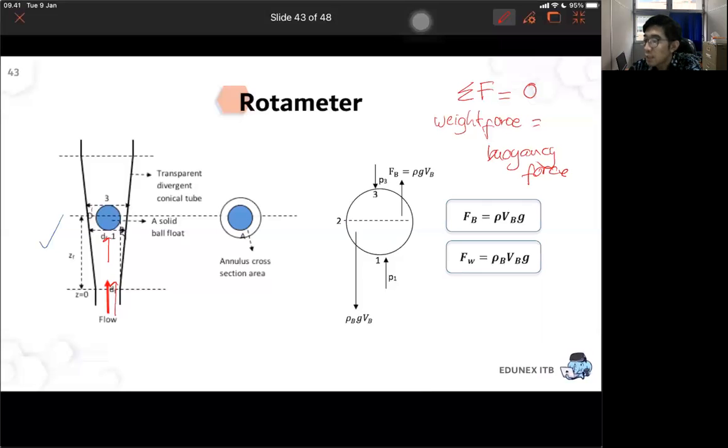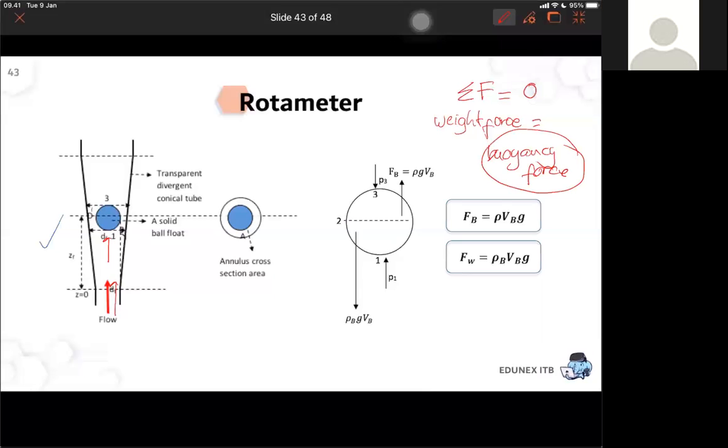Do you still remember what actually the buoyancy force is? It's the force from below, sir. Can you explain more? Force from below minus the force from above.